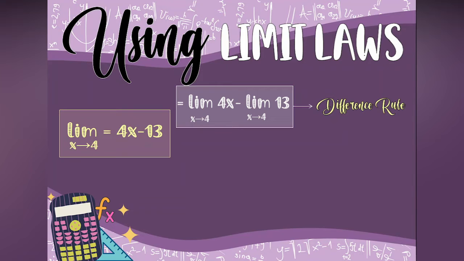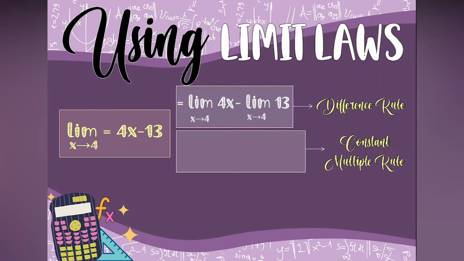Next, can you determine what law can we apply? Of course, we can apply constant multiple rule. So let us separate the constant to our variable. It will become 4 limit of x as x approaches 4 minus the limit of 13 as x approaches 4.